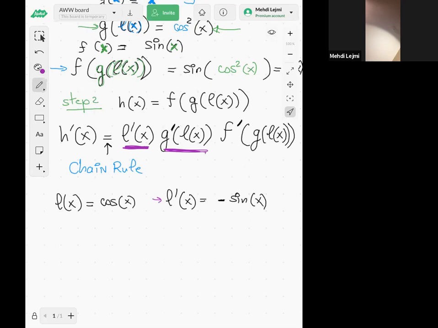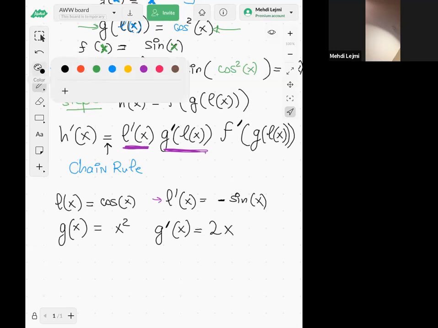Now, first question is, what's g prime of x? Well, g of x we said is just x squared, right? So g prime of x, the derivative of x squared, you bring down the power 2 in front of x and subtract 1 from the power, so that'll be 2x. But what I need is g prime of L of x.